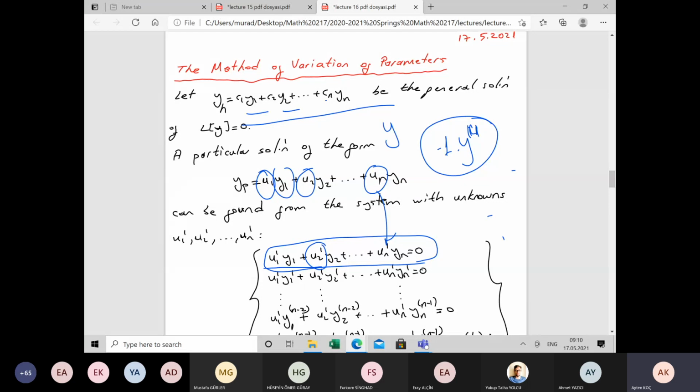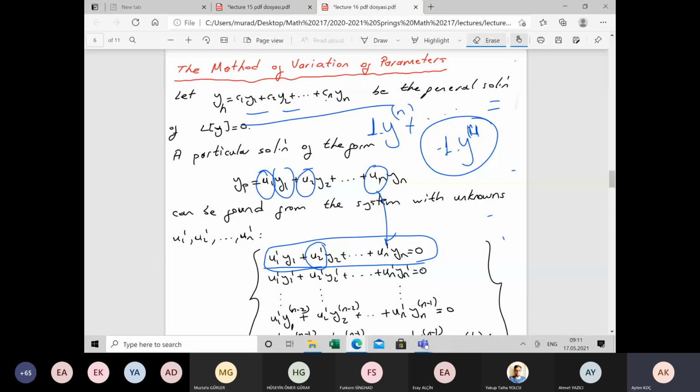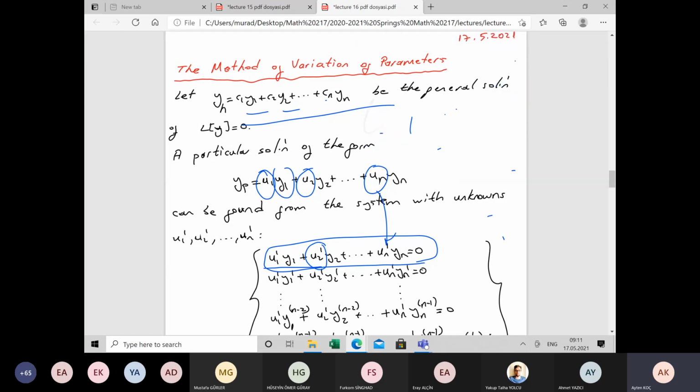In the standard form, the non-homogeneous differential equation has g of t on the right side. Otherwise, it is not standard form, so first of all the differential equation can be transformed into the standard form, and then we solve the differential equation.